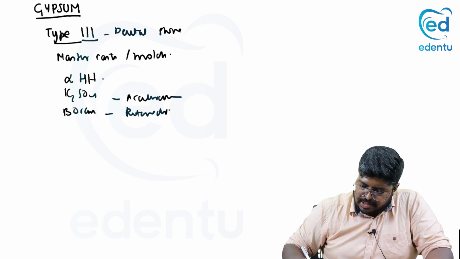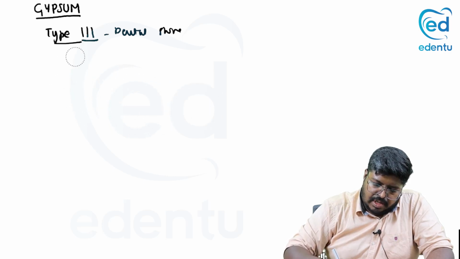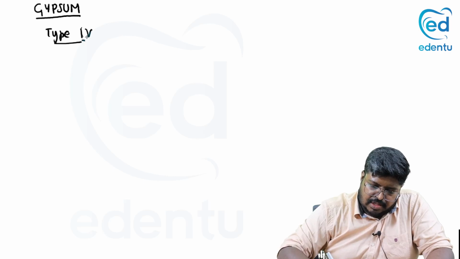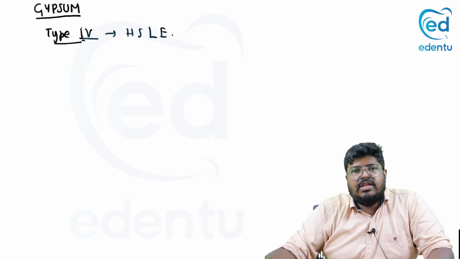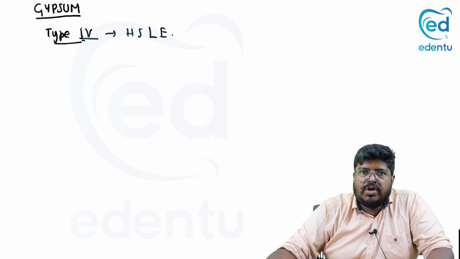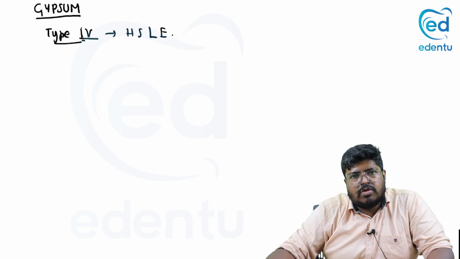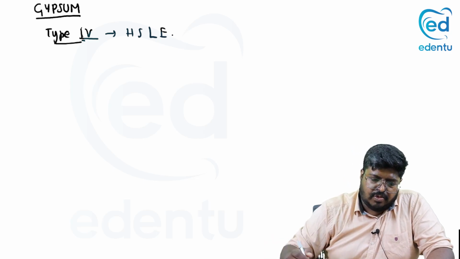Type 4 dental stone is high strength, low expansion dental stone. This is what we use day to day for fabricating casts and dies. We can incorporate it to electroform. We can use it for orthodontic study models, etc. So this is what type 4 is all about.